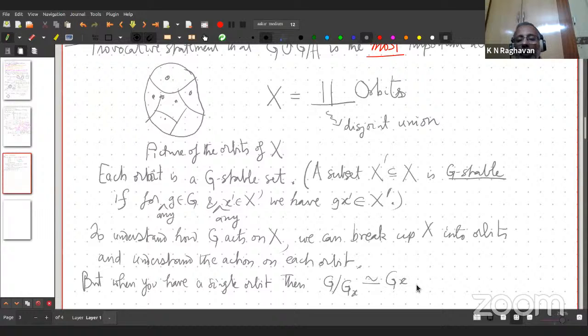This single orbit is a G set, which means the action of G on it can be understood as the action of G on this coset space.